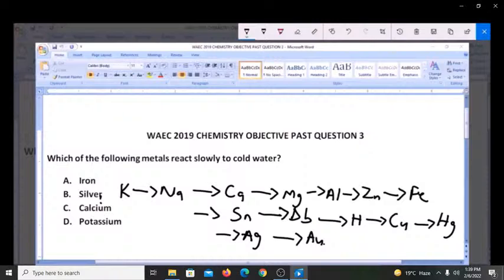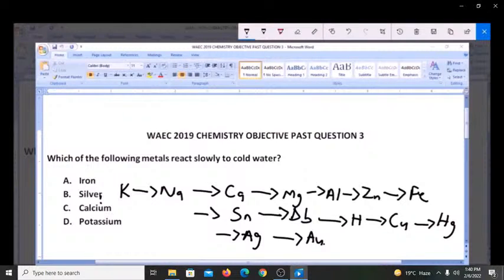So as you progress down the electropositive series, the quickness of the reaction with cold water decreases until you get to a point, I think around aluminium, zinc, where the reaction is negligible to non-existent.